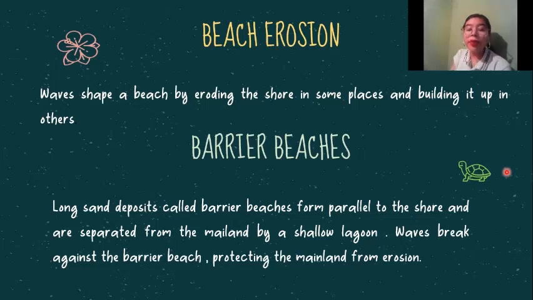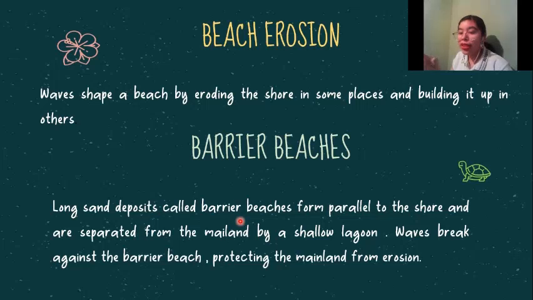Okay, so these barrier beaches are very large sand deposits, which form a barrier parallel to the coastline, to the shore, and they are separated from the places in the mainland, the cities, by a shallow lagoon.